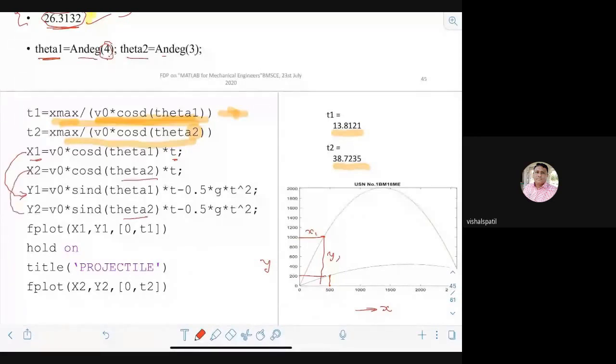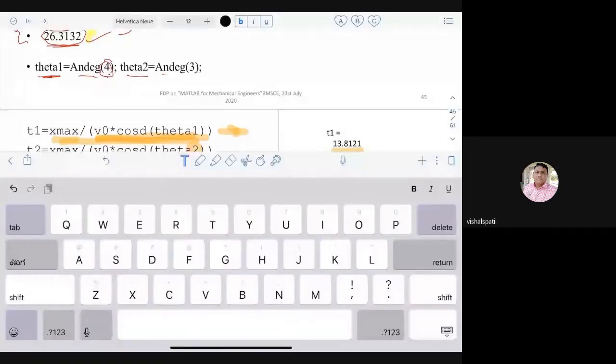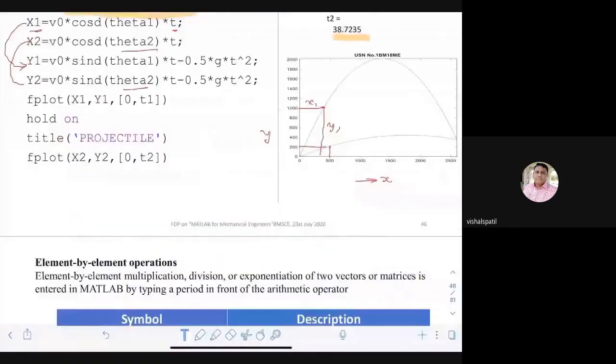Now, my x-axis is the same for both, but I'm plotting it in terms of time, which is implicit in this. So here, the first curve has a time of t1. Therefore, you can use the fplot command. You can also try ezplot if you want. Fplot plots x1, y1 for various values of time, from 0 to t1.